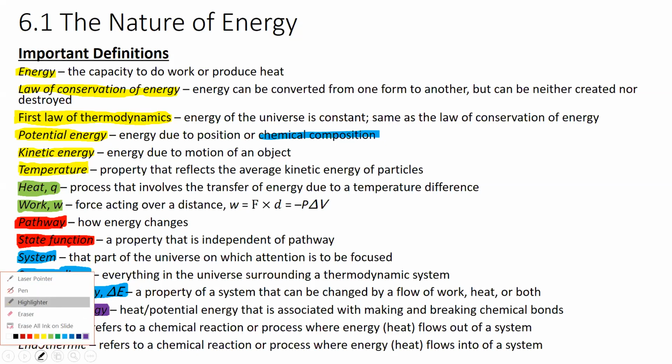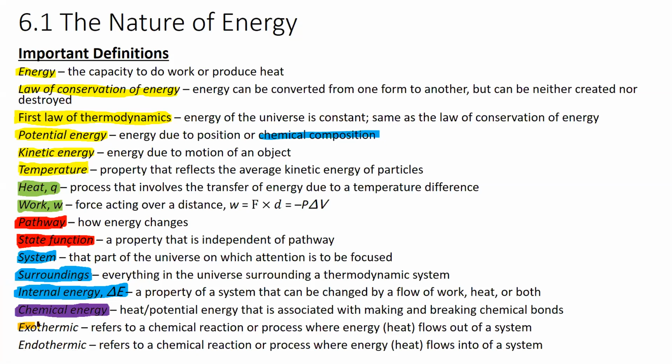Finally, the last two things that we're going to look at here are exothermic and endothermic reactions or processes. When you have something that is exothermic or endothermic, it's describing a system, in this case, a reaction or a process, and whether that system either gives off energy to the surroundings or absorbs energy from the surroundings.